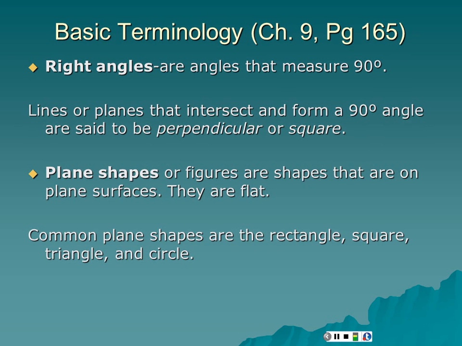Now the plane shapes or figures are the shapes that are on plane surfaces. They are flat. For an example here, this whiteboard is a plane shape. Because if you look from this direction, this is a plane shape, and whatever we are drawing here, those are flat. They have only two dimensions. What are those two dimensions?